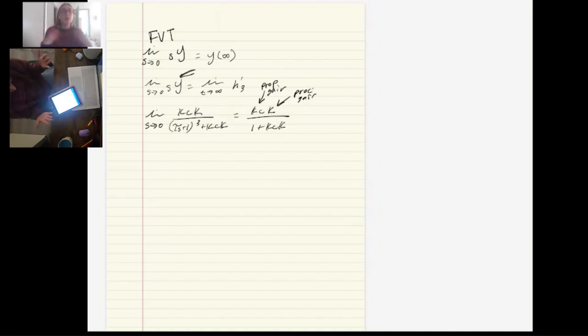The same value over the same value will equal 1. And this is good for us because what we want is a step change of 1 to also have a deviation value of 1. So it is good to have these two together.